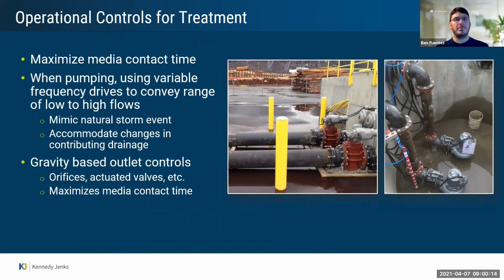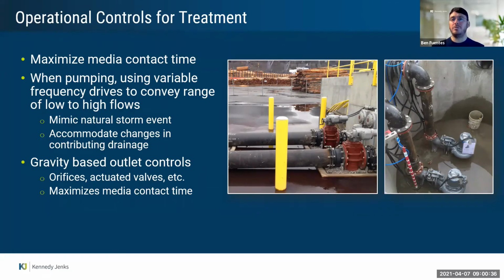So beyond the configuration, compartmentalizing it, different cells, the shaping of the system, the staging of the system, there's also a handful of more mechanical features or just operational type controls that you can include to improve the effectiveness.